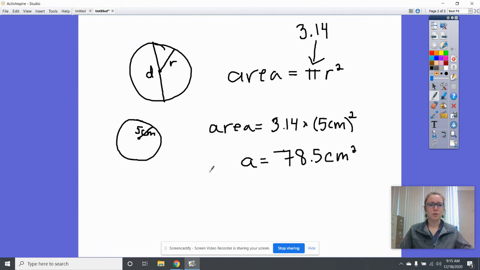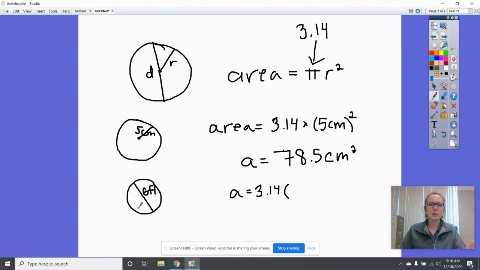Let's do another example. Let's say we have a circle. And let's say that the diameter is 6. We'll go with 6 feet. That's the diameter, that's all the way across the circle. Well, we need pi times radius squared, so A equals pi is easy, 3.14, times the radius.